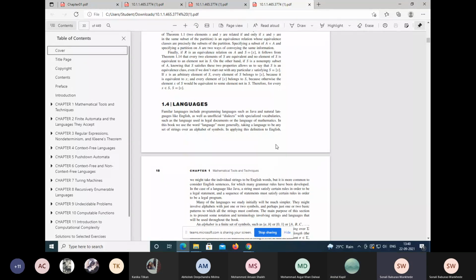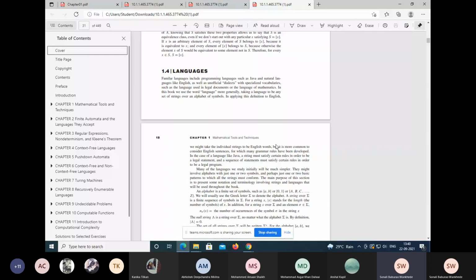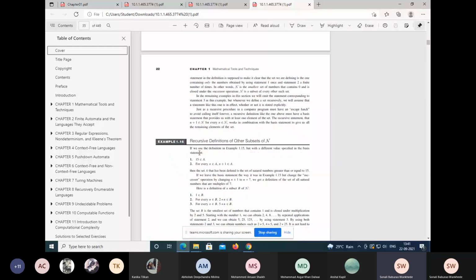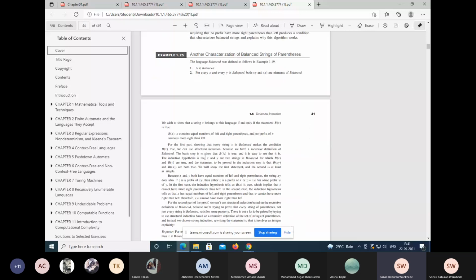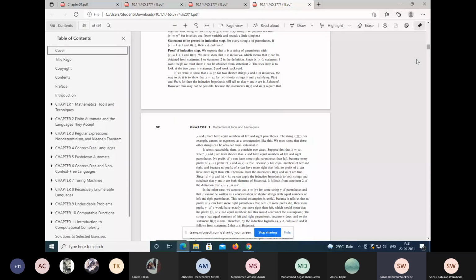So in today's tutorial, we will have a look at languages, and then we will try to complete 2, 3 examples on that, and that's basically mathematics. Today also we are not moving to formal language.